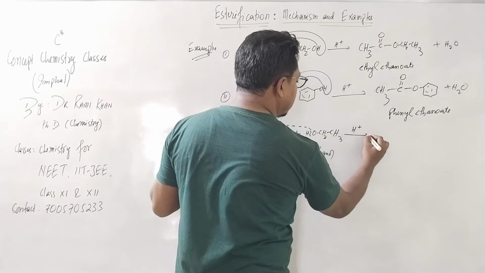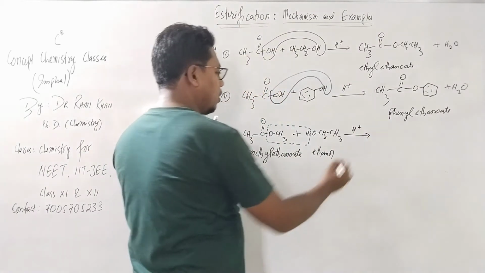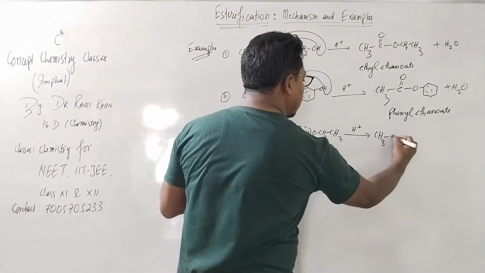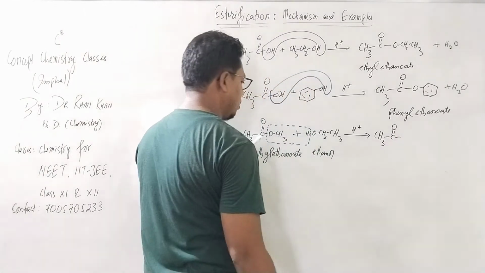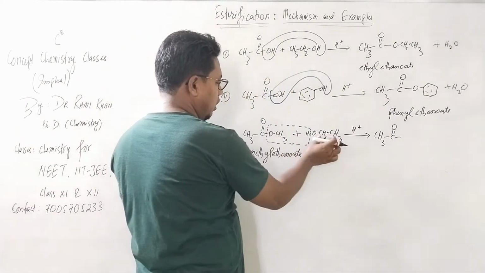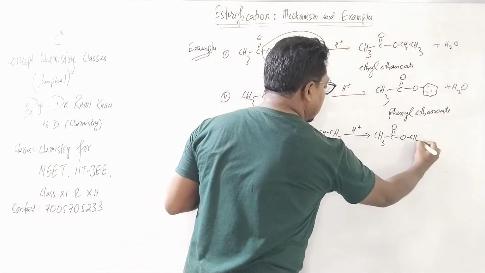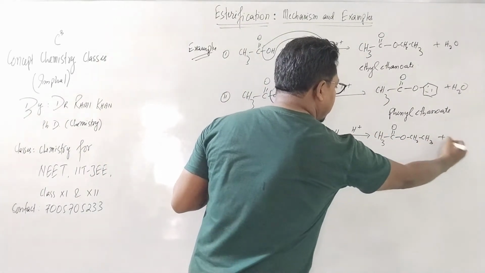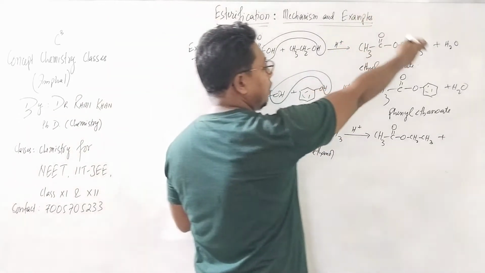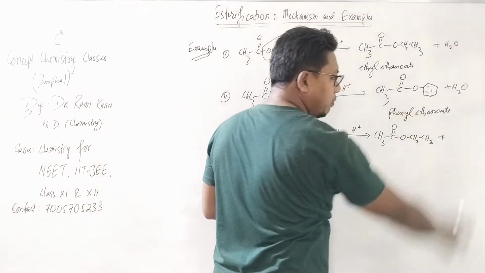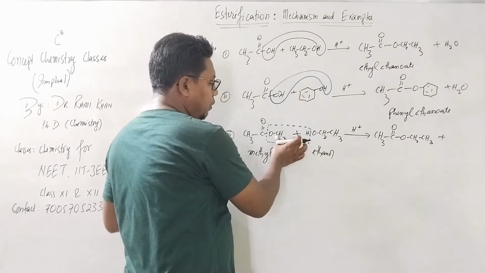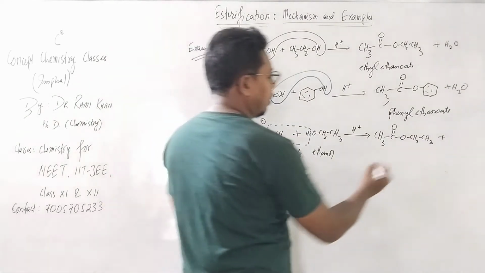So this also takes place in presence of an acid, and the product is ethoxy group attached to this carbonyl carbon atom, right? So we will get this product. Plus here we obtained water as the byproduct, but here we will get methanol as the byproduct.